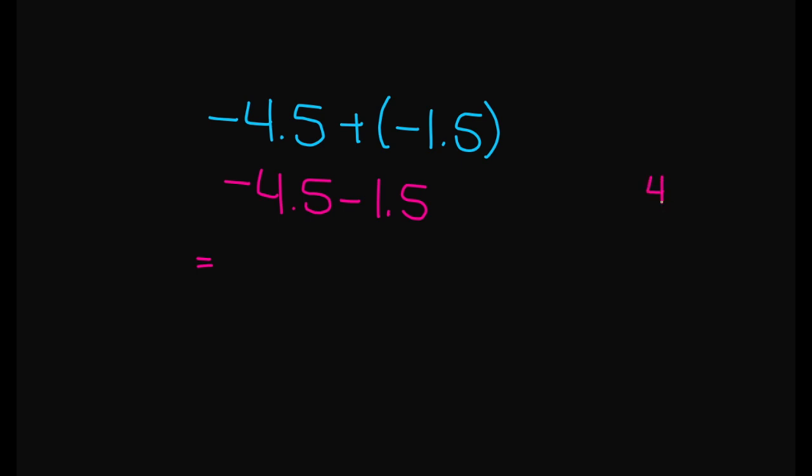So you have 4.5 plus 1.5. 5 plus 5 is 10. Bring the 0 down, carry the 1. 1 plus 4 is 5. 5 plus 1 is going to be 6. So you're going to have 6 here. Don't forget your 0, which is right here. So 4.5 plus 1.5, you're going to get a negative 6.0 as your answer.